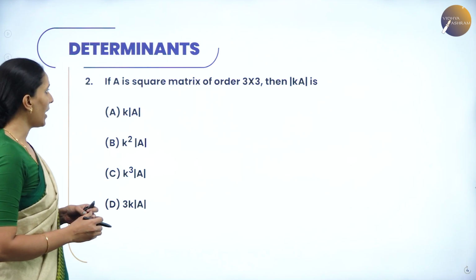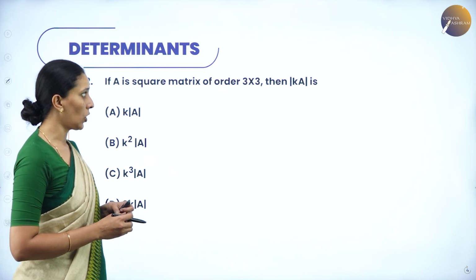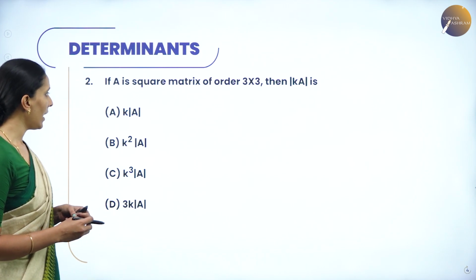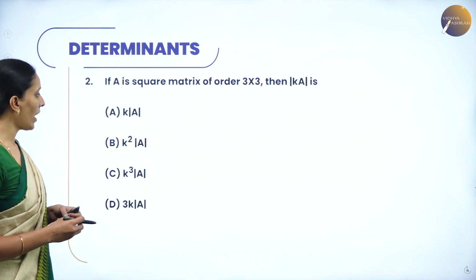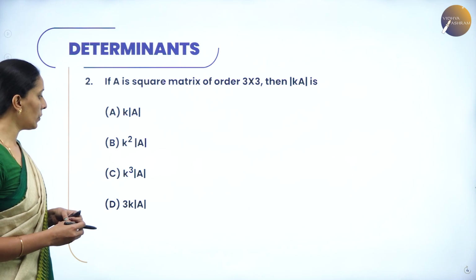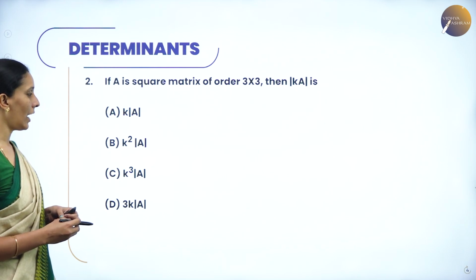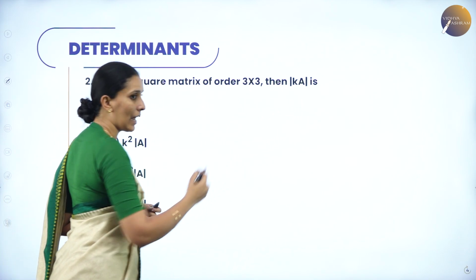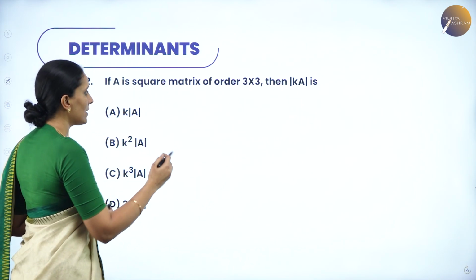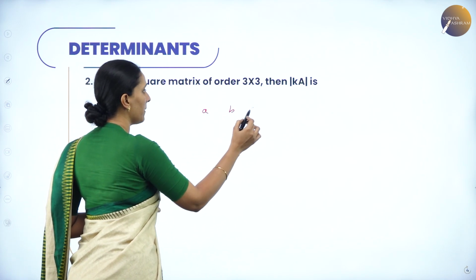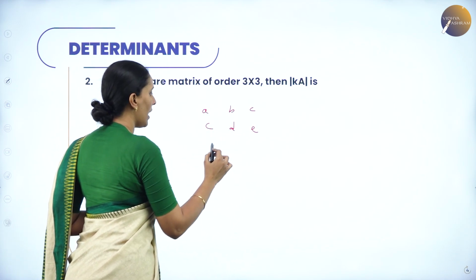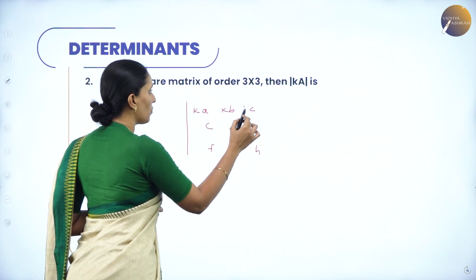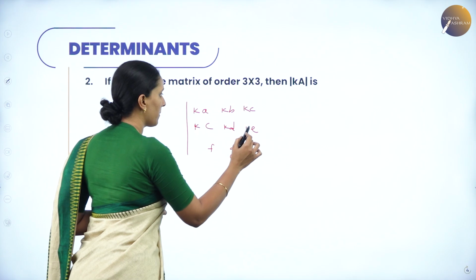Next we have, if A is a square matrix of order 3 cross 3, then determinant of kA is k into determinant A, k square into determinant A, k cube into determinant A, or 3k into determinant A. Suppose when we multiply any scalar to the matrix, let's take a, b, c, d, e, f, g, h, and we have multiplied k to all the elements inside the matrix.